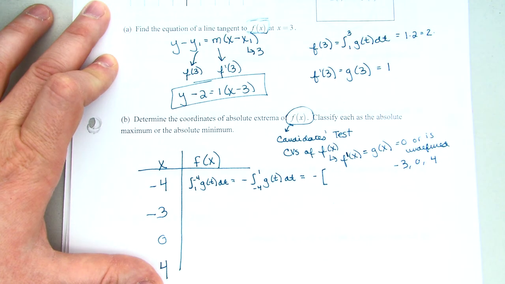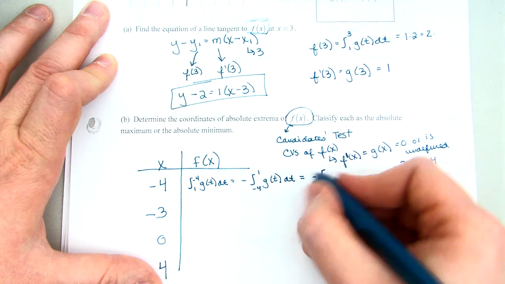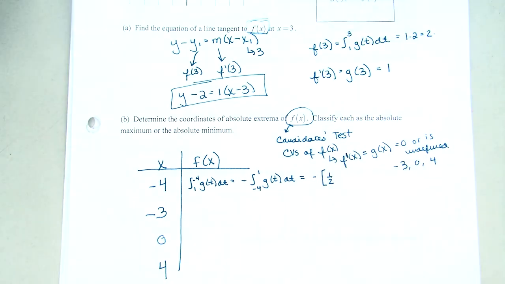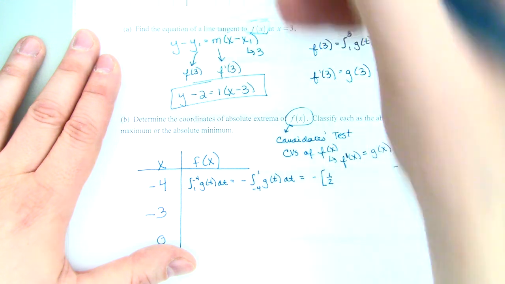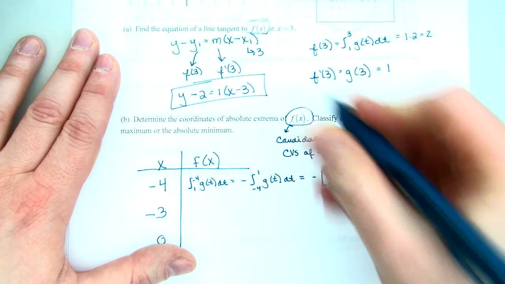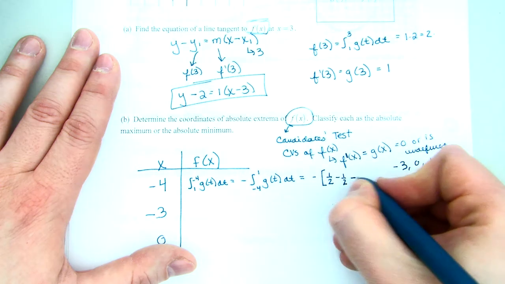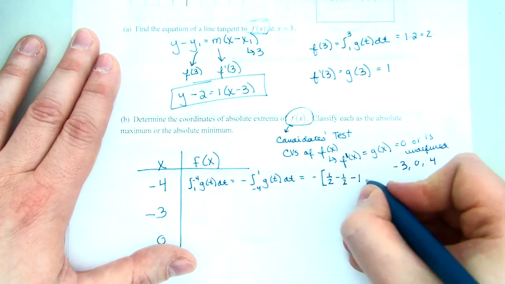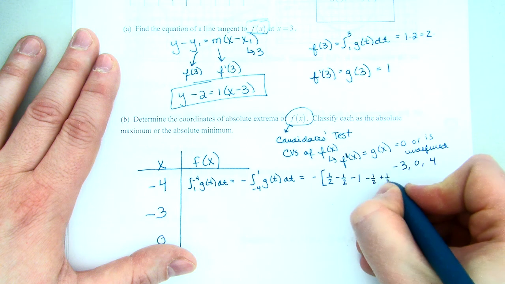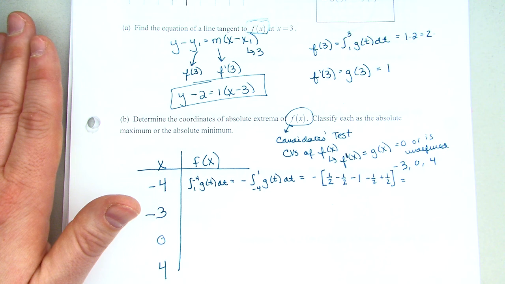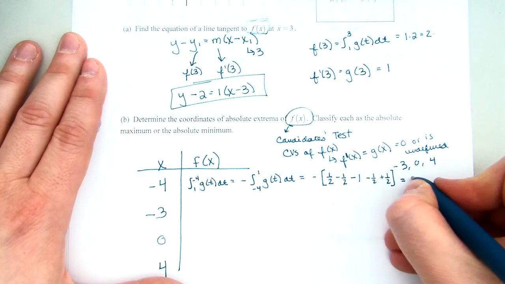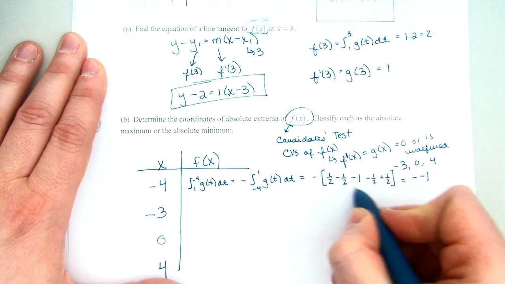Area is what? Half. By the way, this is inside parentheses with a negative out front. Then, I'm not going to bother with the trapezoid. How about I just do a triangle over here? Minus a half. Minus 1. Minus a half. Oh, something nice is going to happen. What's your final answer? Negative 1. Those things cancel. We're left with the negative 1 inside.